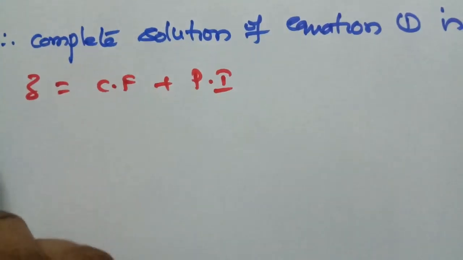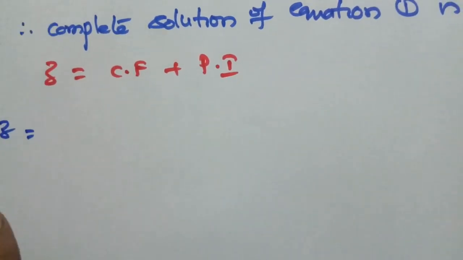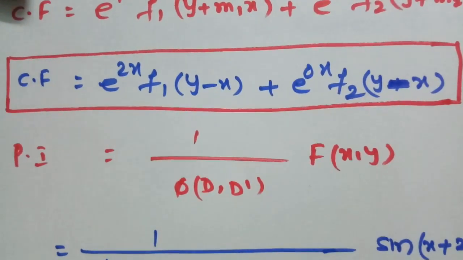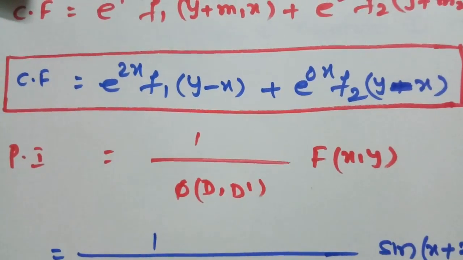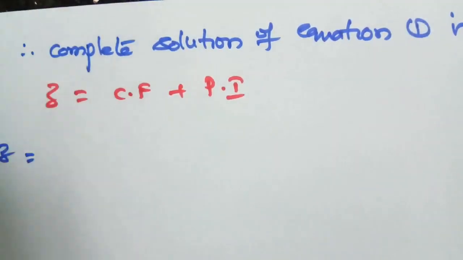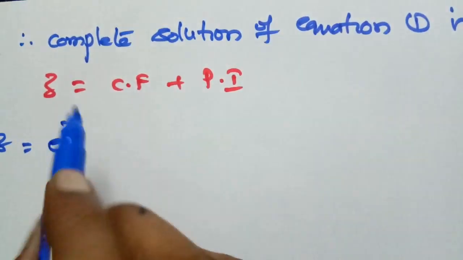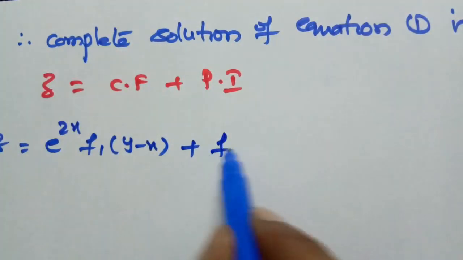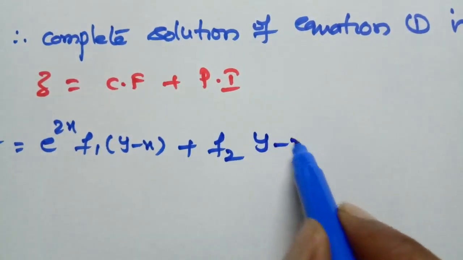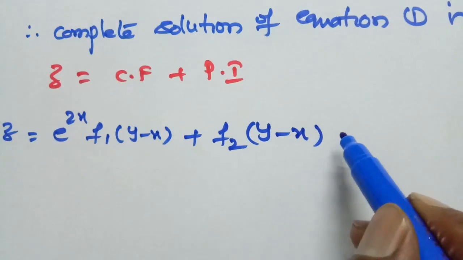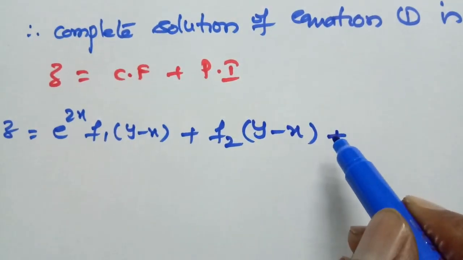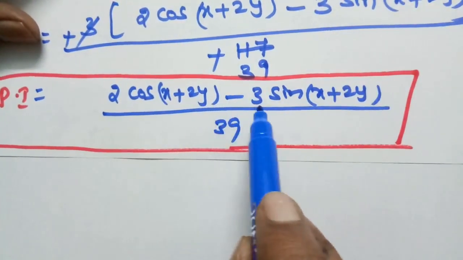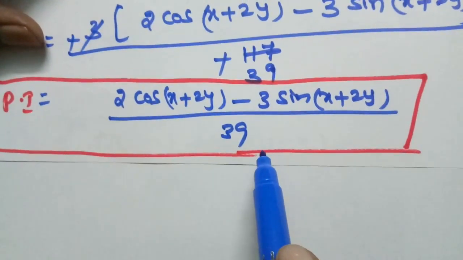Therefore z = e^(2x) f1(y − x) + f2(y − x) plus particular integral, which is (2 cos(x + 2y) − 3 sin(x + 2y)) by 39.